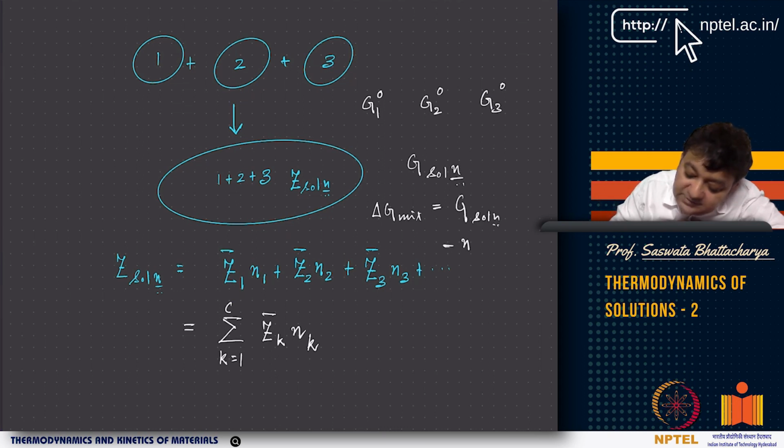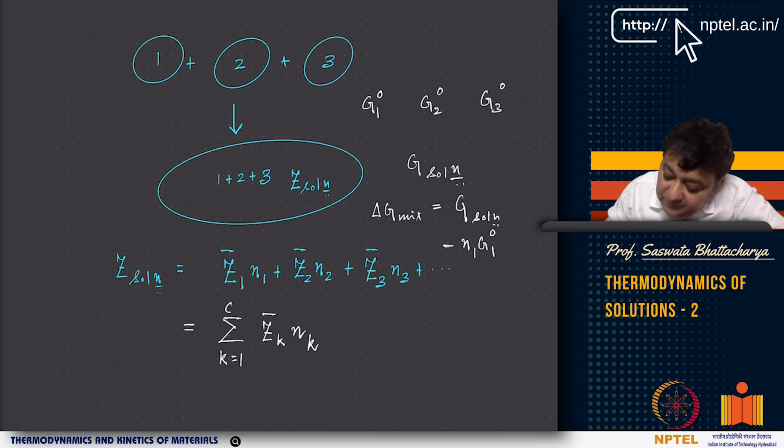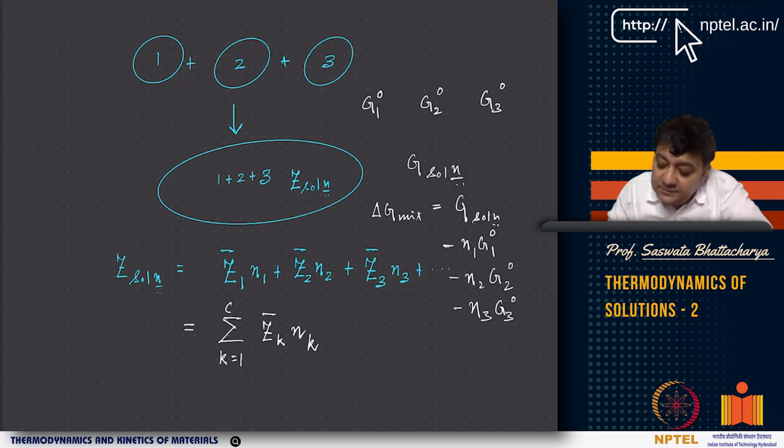minus N1 G10. See, you have N1 moles of component 1, N2 moles of component 2, so N2 G20, and N3 G30, right? So per mole, you have this G10 and delta G mix is G solution.